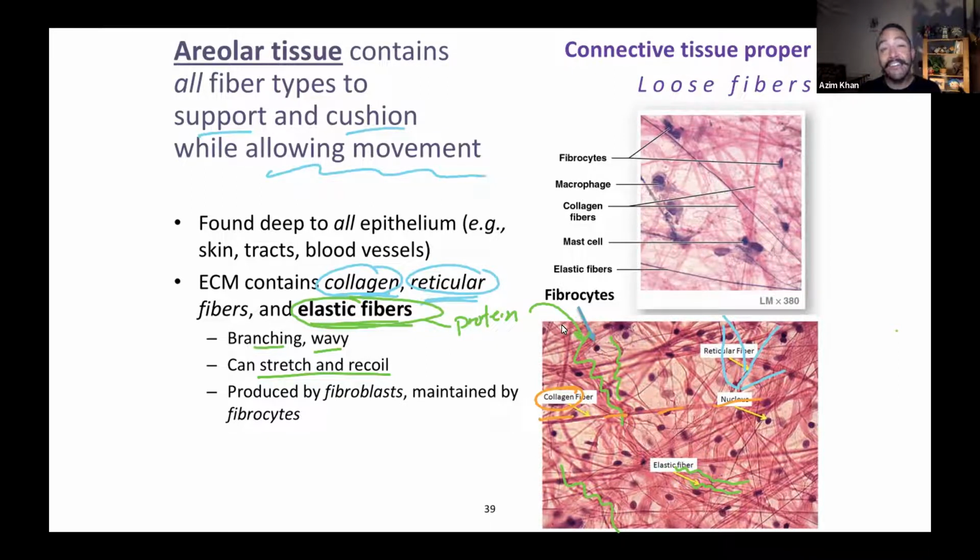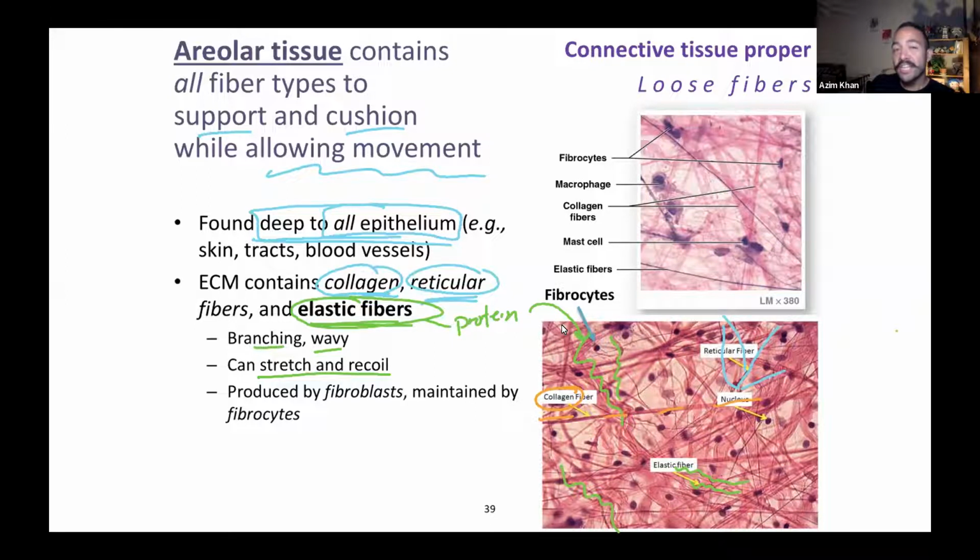You can find areolar connective tissue deep to all epithelium. Areolar connective tissue is deep to all epithelium. All the epithelium that we saw previously, if you looked just deep to it, I've said that there's connective tissue here, it's always areolar, always. It's just a great base layer of connective tissue, just deep to the epithelium.